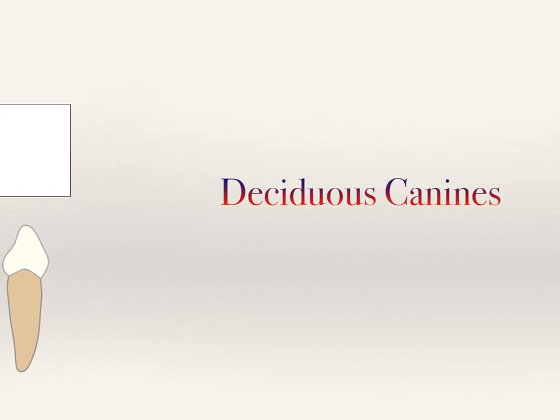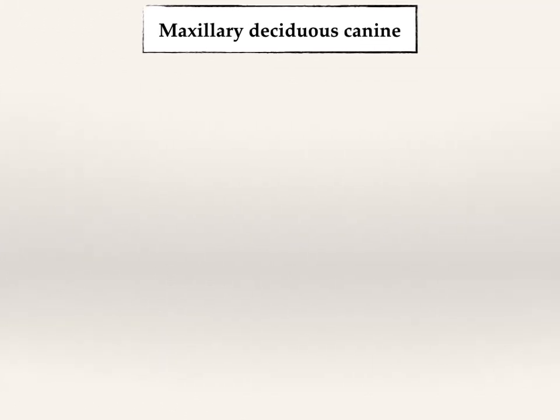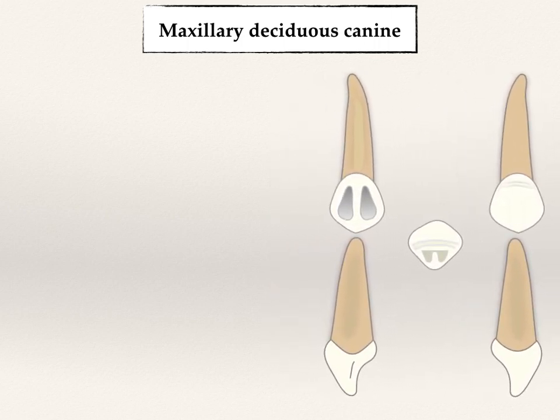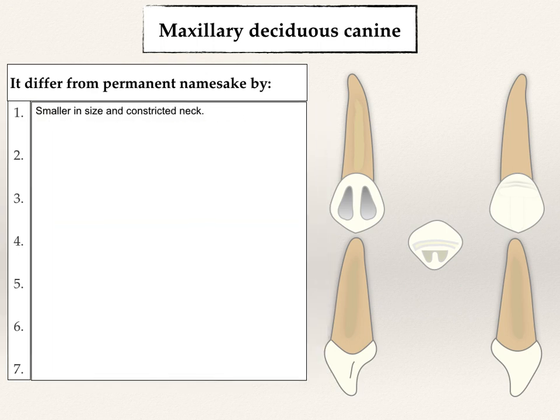Deciduous canine. Maxillary. It differs from its permanent namesake by being smaller in size and having a constricted neck.